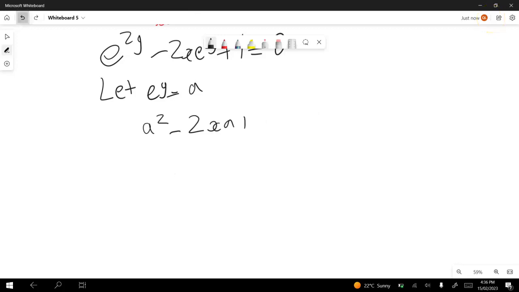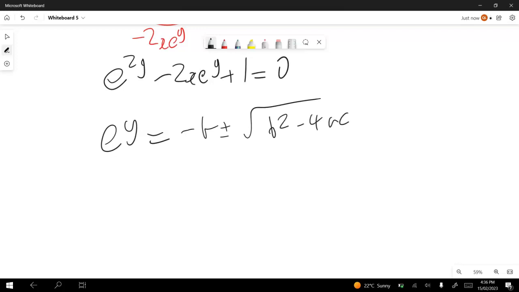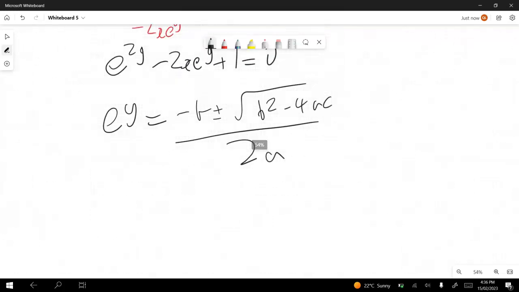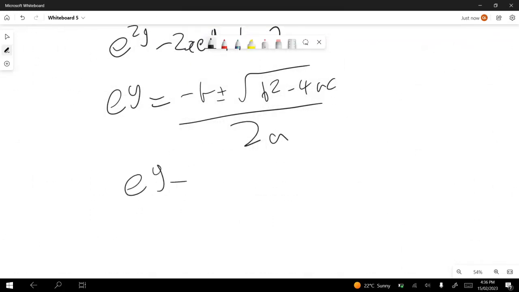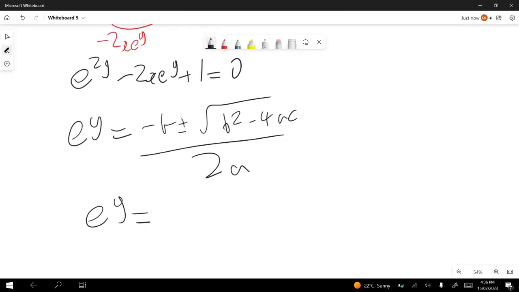Okay, so that's just to show you that it was a quadratic. Now I'm going to say e to the y is equal to minus b plus or minus the square root of b squared minus 4ac, over 2a. That's the quadratic formula, right? To find e to the y. So a equals 1, b equals negative 2x, c equals 1.